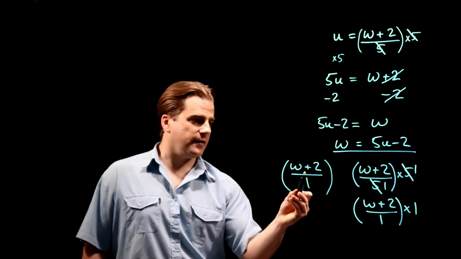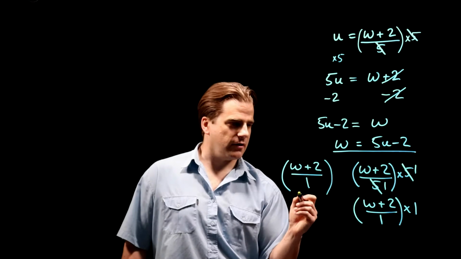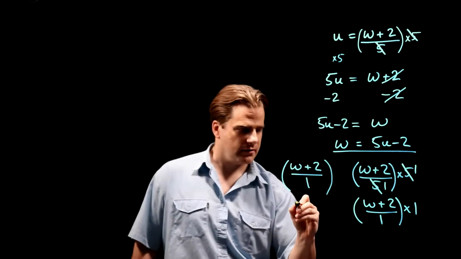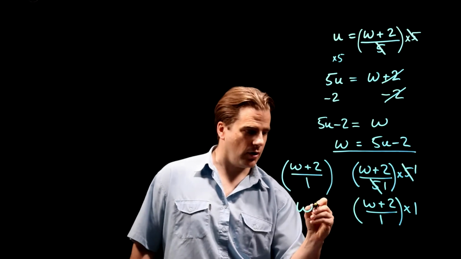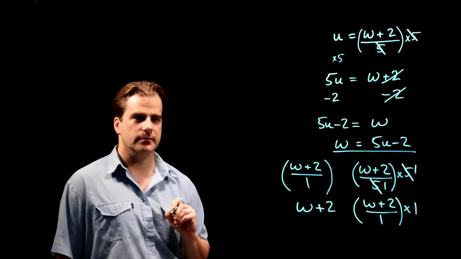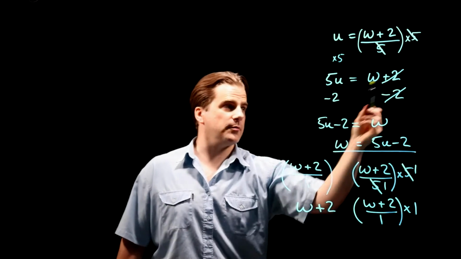Okay? Now anything divided by 1 is just itself. So there's no other term, so we can remove the brackets. So w plus 2 over 1 is the same as just w plus 2. Okay? And that's why I went straight from that to just w plus 2.